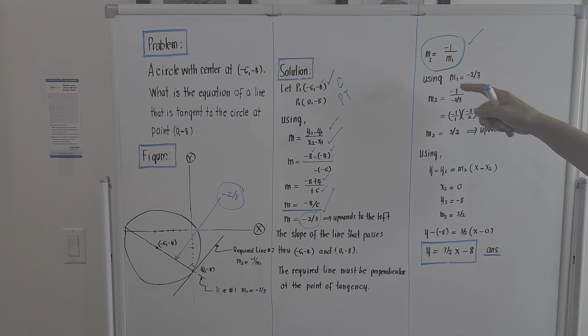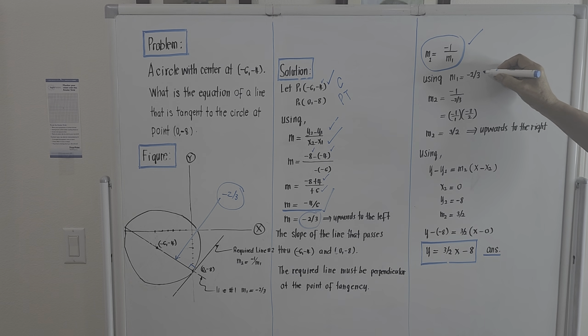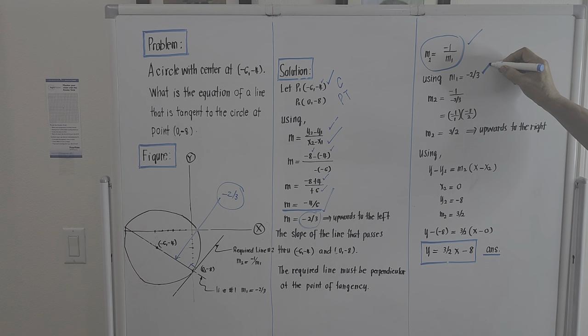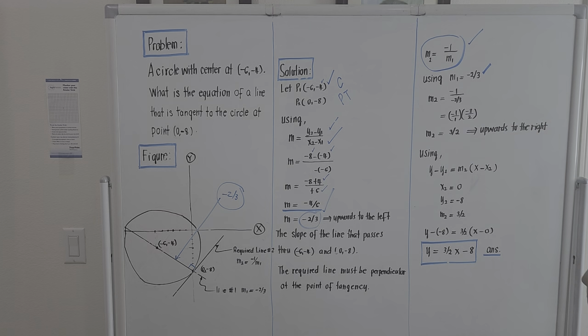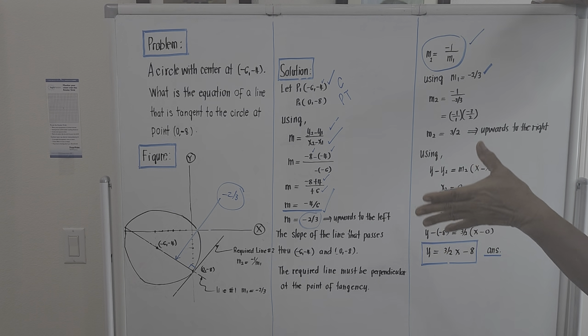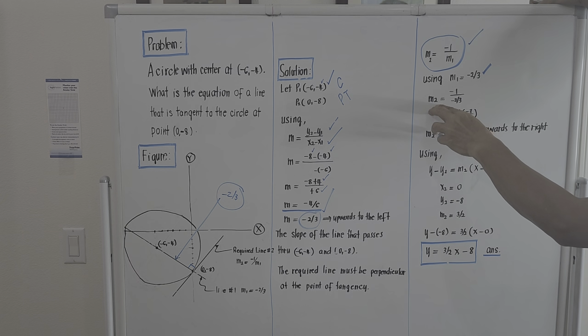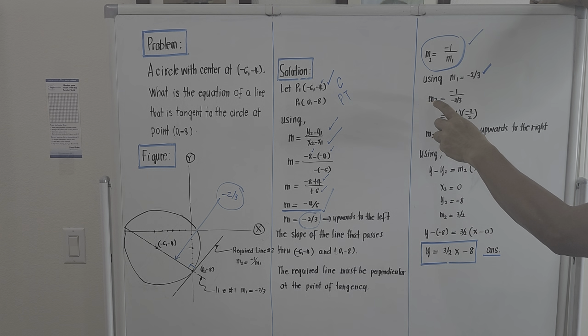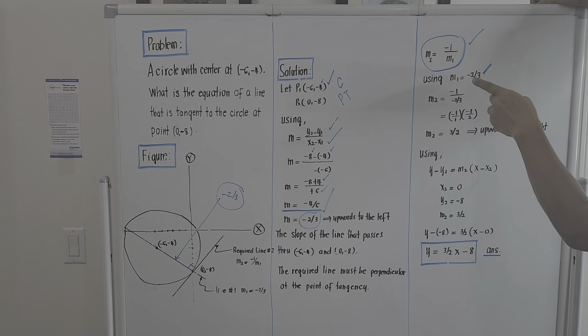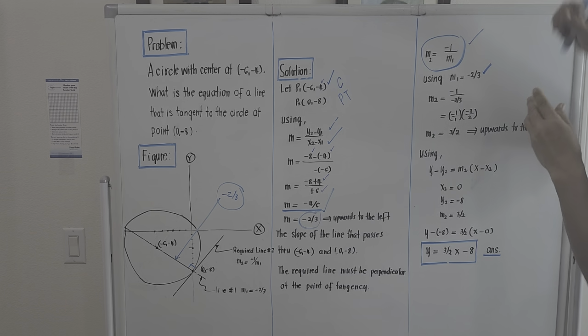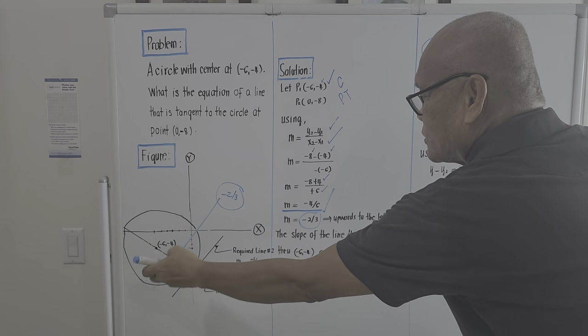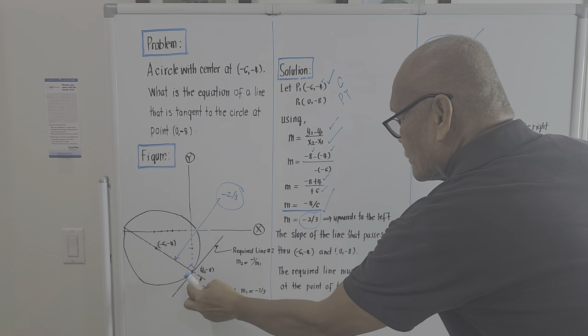So using M1 equal to -2/3, we could now compute. We designate the required line to be line number 2, so this is with the subscript 2, meaning its slope. Its slope now, by using this, will be -1 over M1. M1 is actually the slope of the first line, which passes through the center and at the point of tangency.